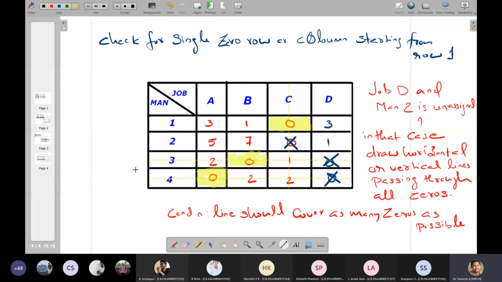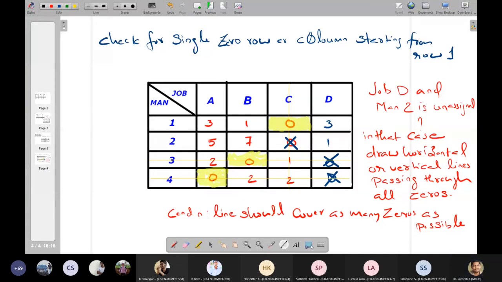So in row number 3, it covers 2 zeros. Same way in row number 4, it covers 2 zeros. Similarly, in column number C, it covers 2 zeros. So that is the selection I have made.